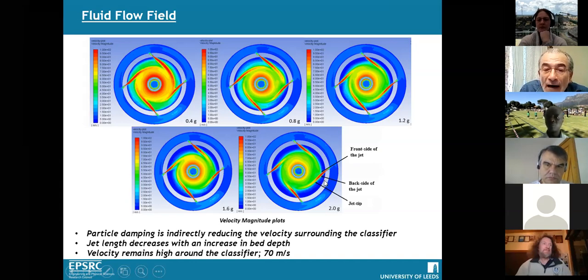And this is the back of the jet, and each jet would obviously have a tip, but that tip is not really that important because it's feeding into this region in here. So the way the particle grinding takes place is very important in this region, as you'll see later on.